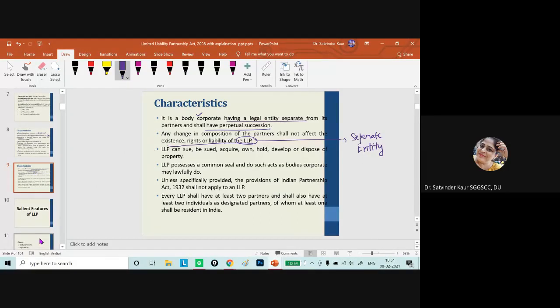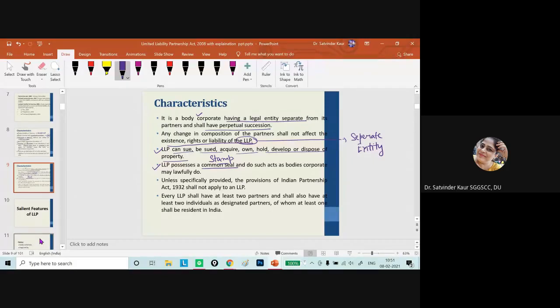Then LLP, as it exists as a separate legal organization, can purchase assets in its own name, enter into contracts in its own name, be sued or sue the other party, and acquire, own, hold, or dispose of property. The signatures of the LLP will be with the common seal, which we generally call the stamp of the organization.